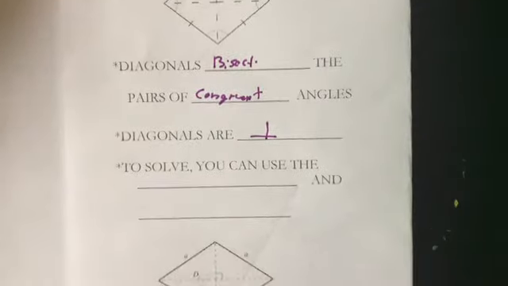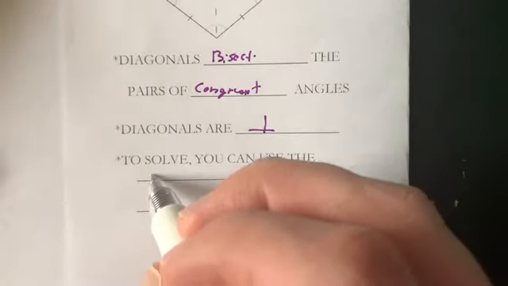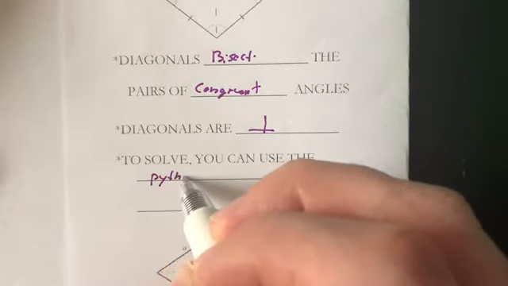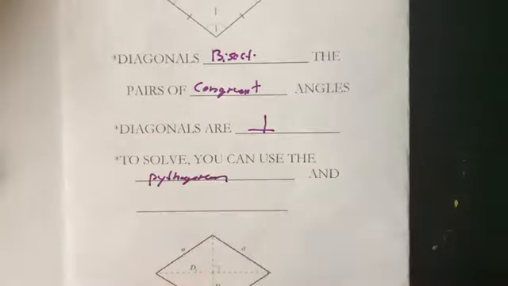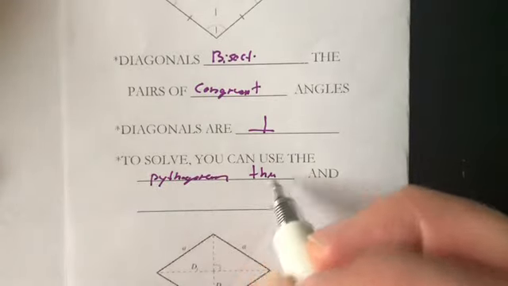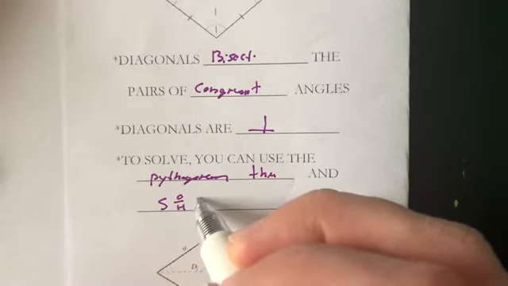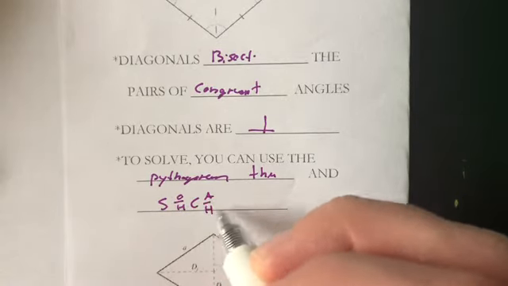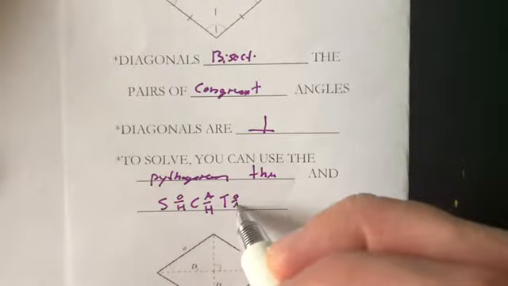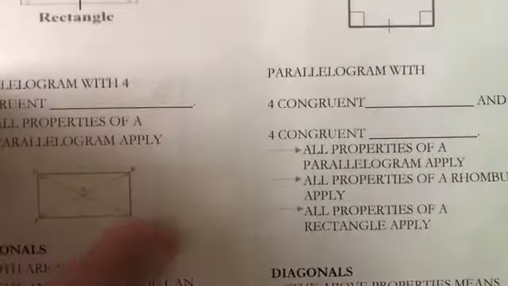And to solve, you can use the Pythagorean theorem and trigonometry, which we call SOHCAHTOA. For a rectangle, just fold this up here.